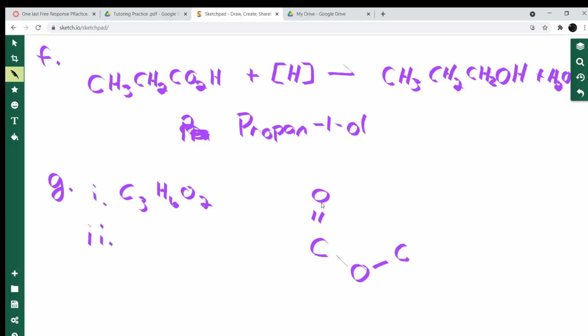But I'm missing some stuff. I need another carbon somewhere. I feel it looks better over here. And then I'll draw on the H's. I'm going to make sure: 1, 2, 3 carbons, 2 oxygens, 6 hydrogens. And I'm done. This is a possible structure.